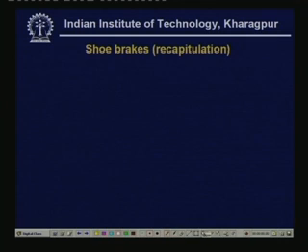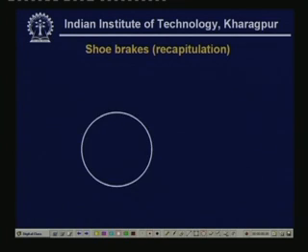But before that, let us go to the shoe type brake again and discuss something very quickly, the internal or external shoeing arrangement. So, the basic kind of shoe type brake can be taken as, say this is the drum, and we have the brake shoes here.